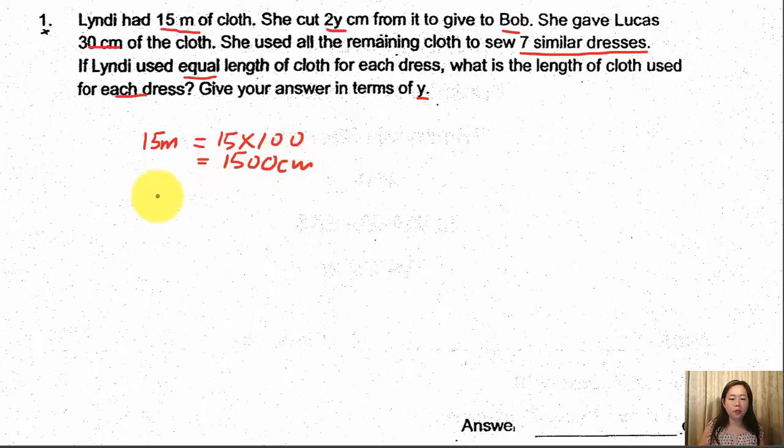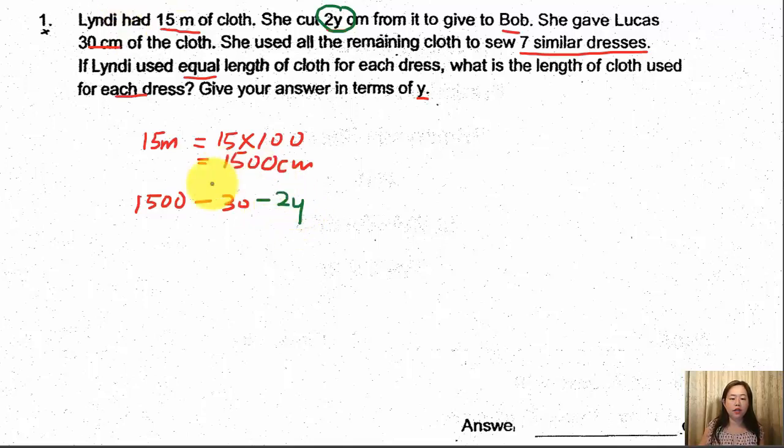So 1500 cm, she gave Lucas 30 cm. So we have to use 1500 minus 30, and she also gave to Bob 2y cm. So you have to minus 2y.